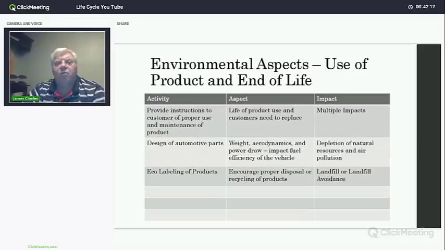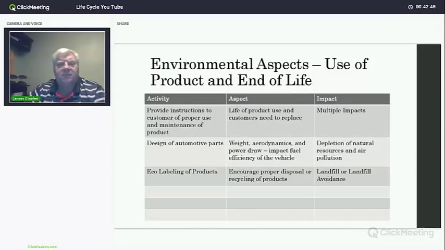And then the use of the product and end of life, typically there's not a lot that most of us can do to control or influence how our product gets used or how our product is disposed of. There are some companies that do. There are a number of organizations that provide instructions to their customers on how to use their product to make sure that it's maintained properly and it lasts as long as it can.